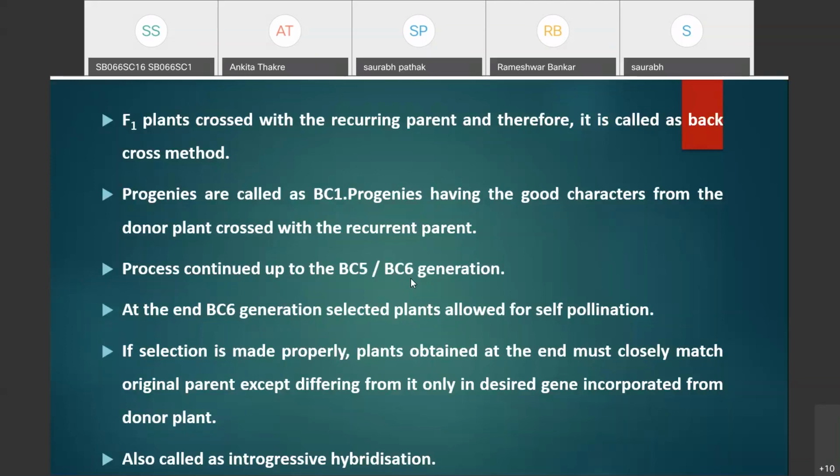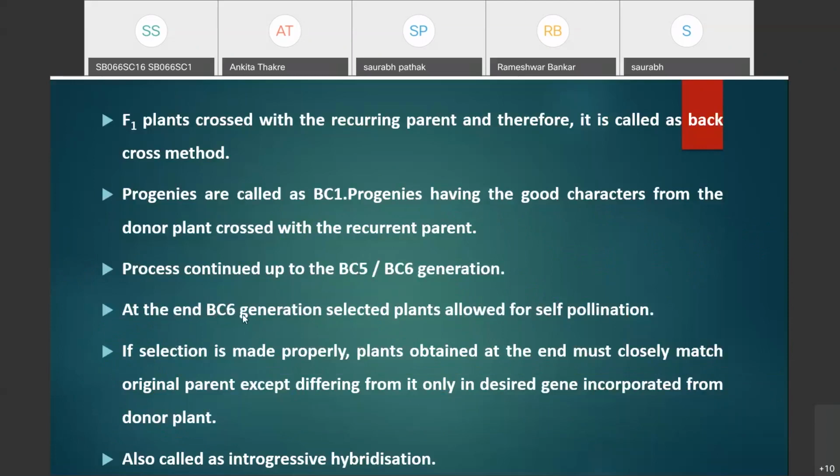It is continued up to the fifth or the sixth generation.